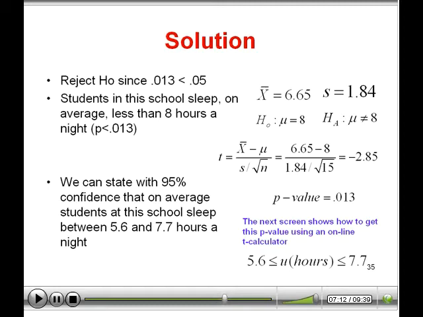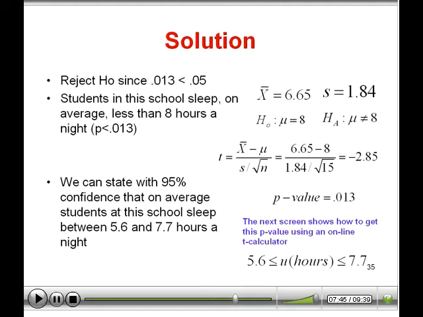Next, we substitute into the now familiar formula for t and find the test statistic is a negative 2.85. Using the online t calculator, we find the area beyond plus and minus 2.85 is 0.013. This is the p-value. Since p is less than 0.05, we decide to reject the null hypothesis.